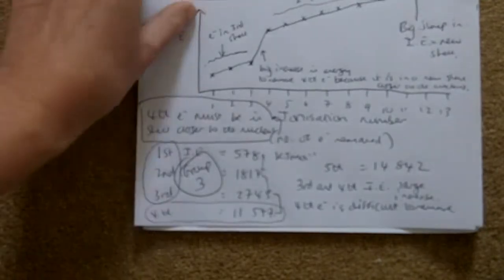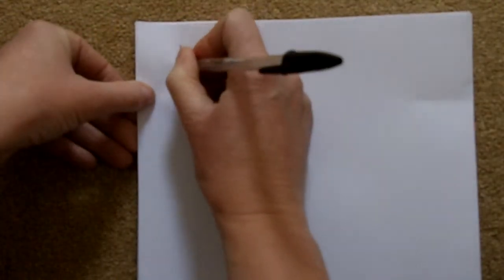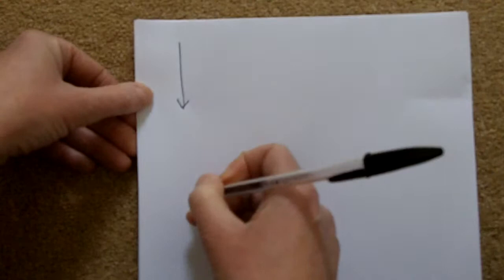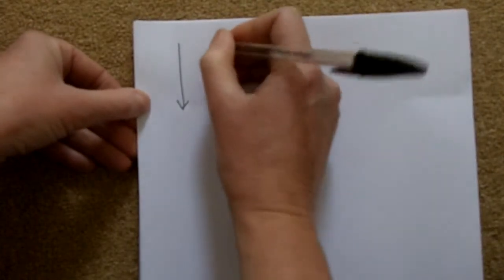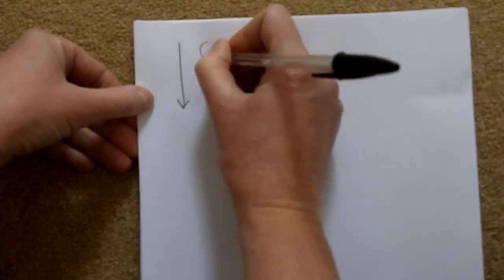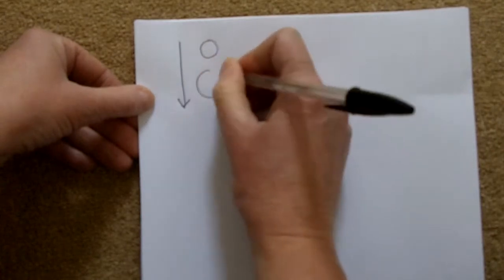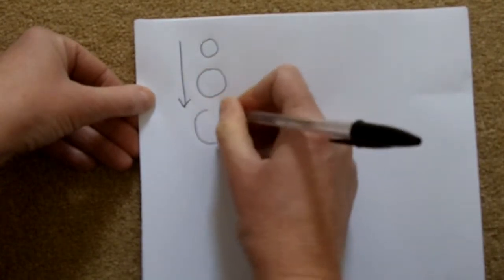And the final thing you need to do on this is the trend in the periodic table. Going down a group is quite straightforward. The size of the atom increases as you go down a group.